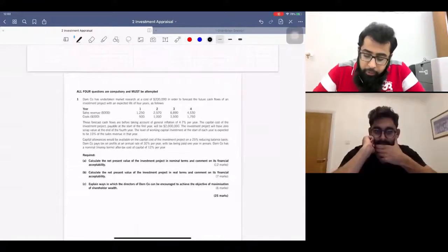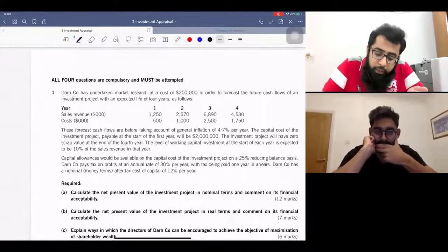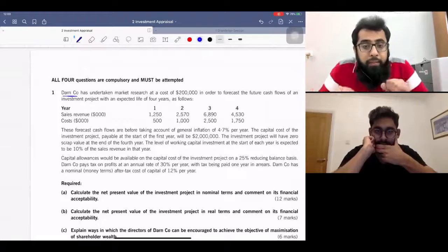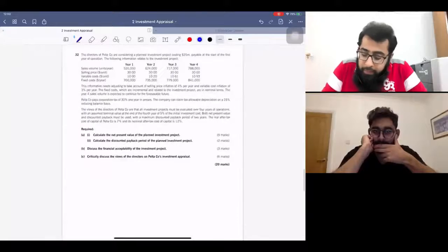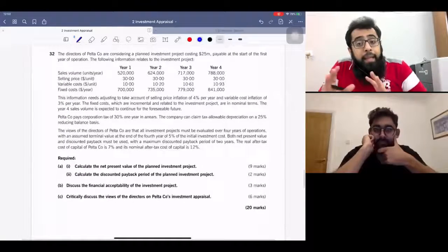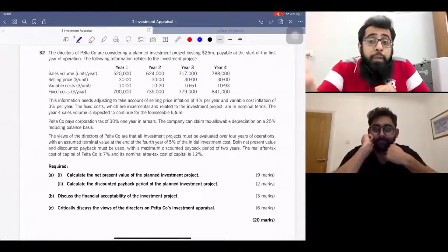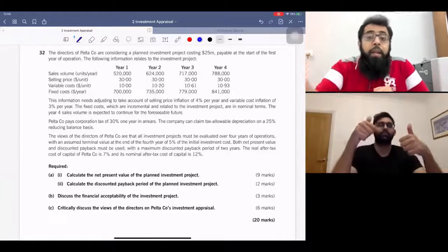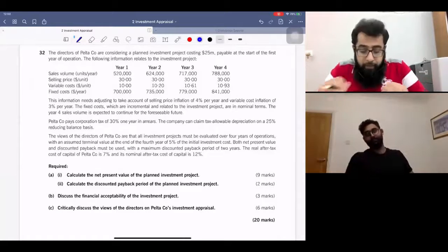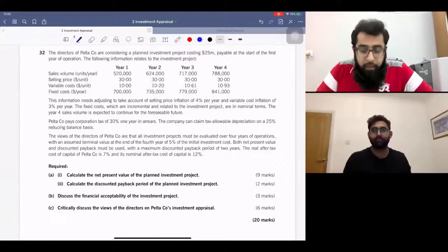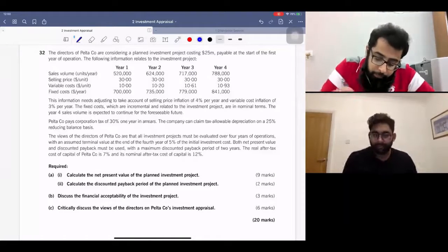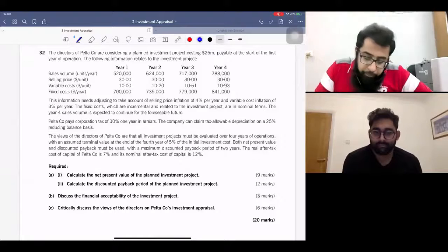This Dan company question I usually ask the students to try on their own so that they can have an idea. We will discuss one last question of this basic NPV technique, and then from the next meeting we'll move towards APV, adjusted present value, and then we'll move towards foreign investment appraisal. Okay, so we'll try to complete each appraisal technique in one class. So let's look at one more question.